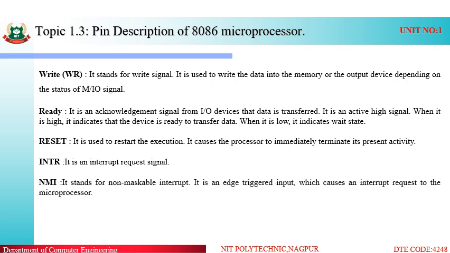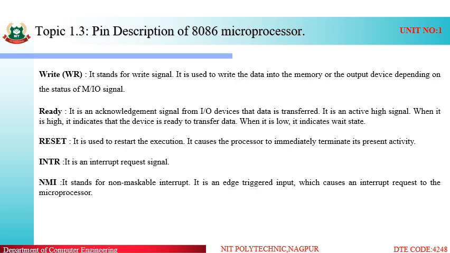NMI. NMI stands for non-maskable interrupt. It is an edge-triggered input which causes an interrupt request to the microprocessor. Now the interrupts we are dealing with are of two types, maskable and non-maskable. We cannot stop a non-maskable interrupt from reaching its destination.